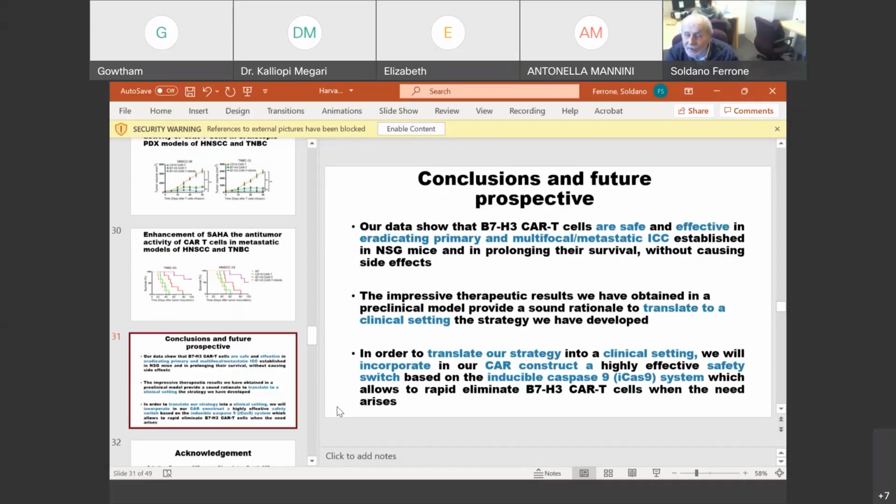However, in order to do that, because of the concerns about the safety of treatment with CAR T cells, we are performing experiments in which we want to show that introduction of a suicide gene in CAR T cells provides us with the mechanism to eliminate the CAR T cells from the host in case there are unexpected toxicity problems.